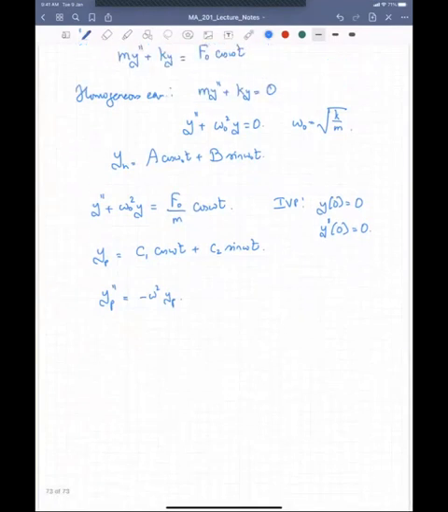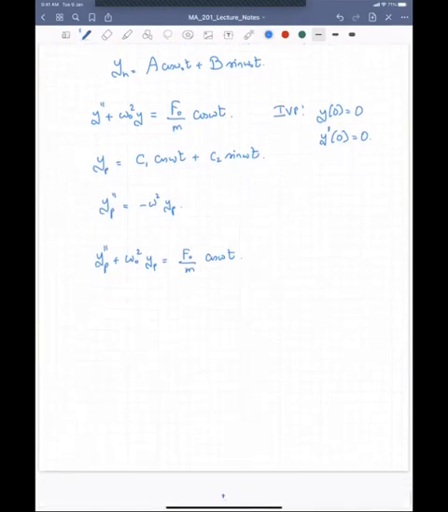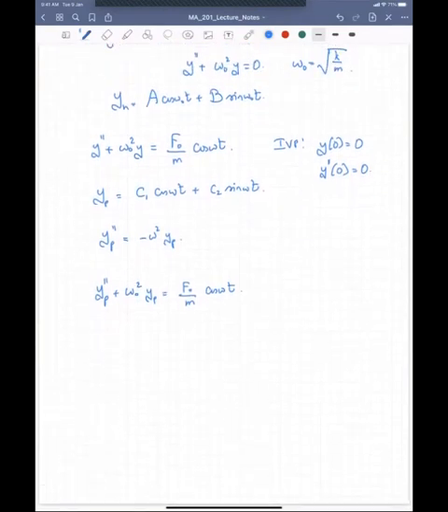So what does my equation look like? My equation is YP double prime plus omega 0 square YP equals f0 over m cosine omega t, and my ansatz for YP is C1 cosine omega t plus C2 sine omega t, and if I plug this in, I get minus omega square YP plus omega 0 square YP equals f0 over m cosine omega t.